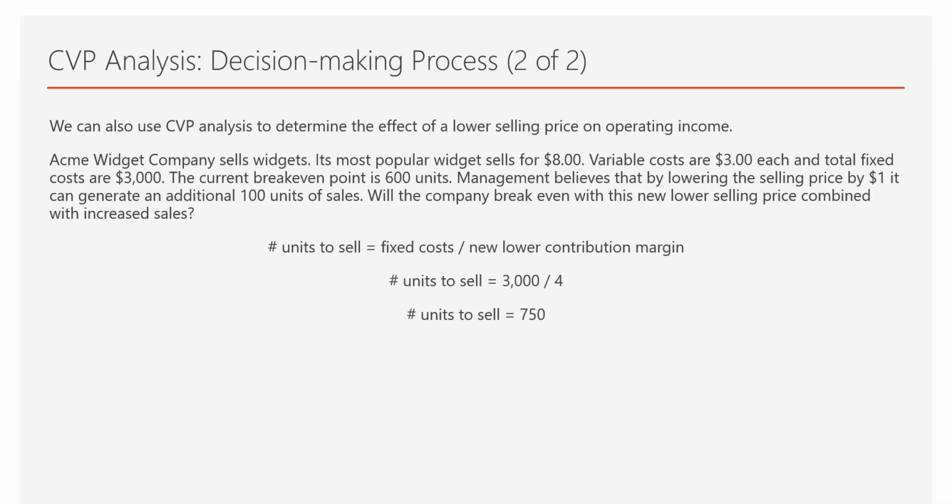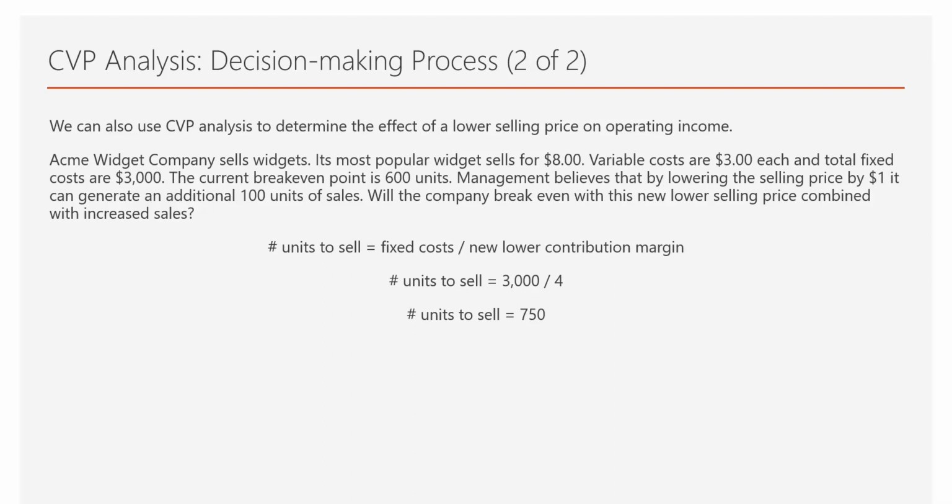So if we lower the sales price, we just have to adjust the break-even formula, which is the number of units to sell. I'll take my fixed costs of $3,000 and divide that by my new lower contribution margin. So now, instead of selling that widget for $8, let's sell it for $7, and maybe sell more. If I lower my sales price from $8 to $7, my contribution margin per unit is going to be lower.